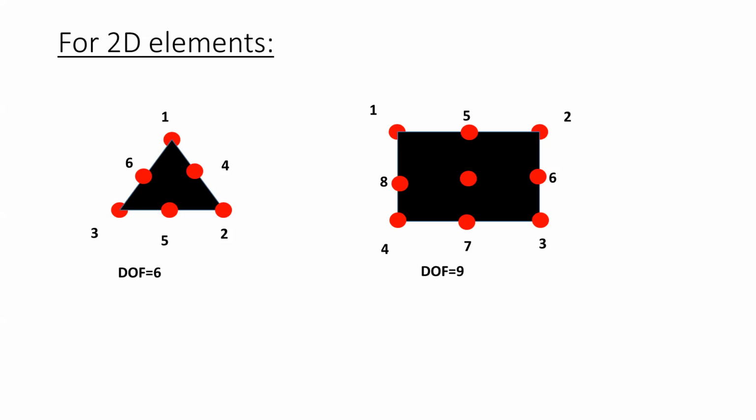And kindly notice that there happens to be a 9th node also present, which is at the center of the element. In actual practice, however, it is not necessary that the additional nodes are going to be exactly at the center of the lines. For example, it is not necessary for node number 5 to be placed exactly between 1 and 2, and similarly node number 9 to be placed exactly at the centroid of the element.